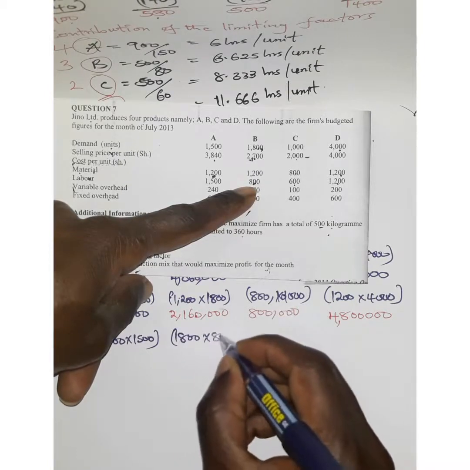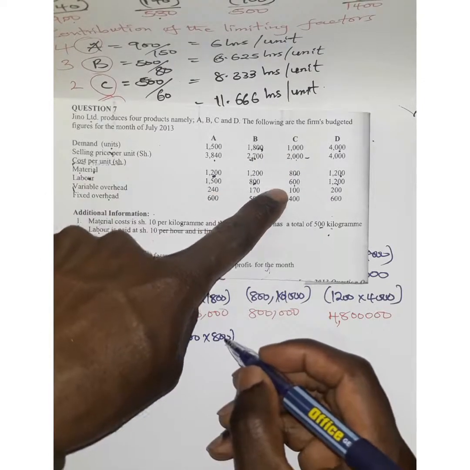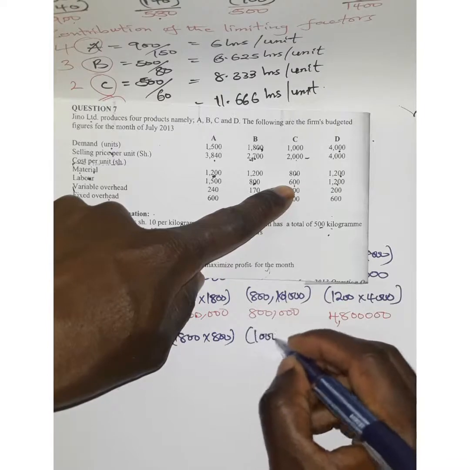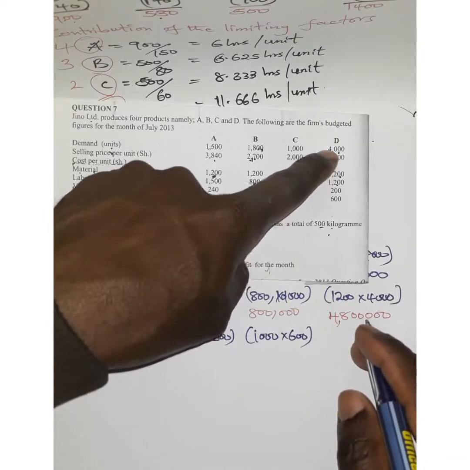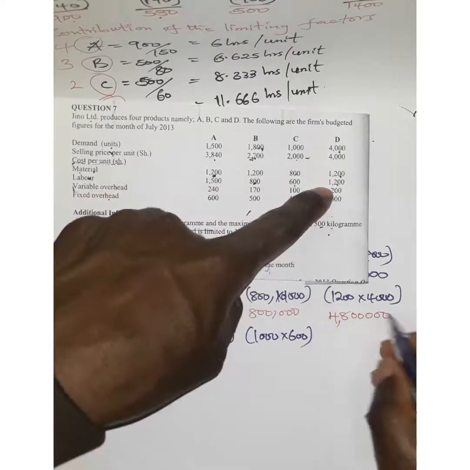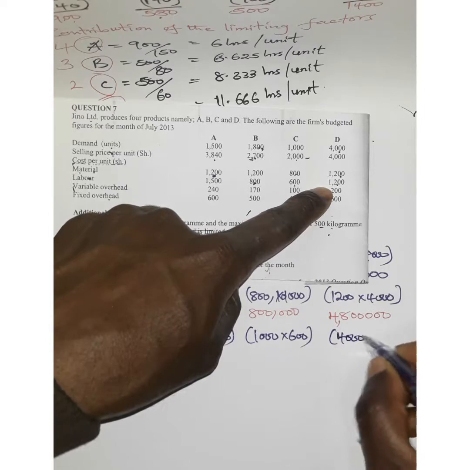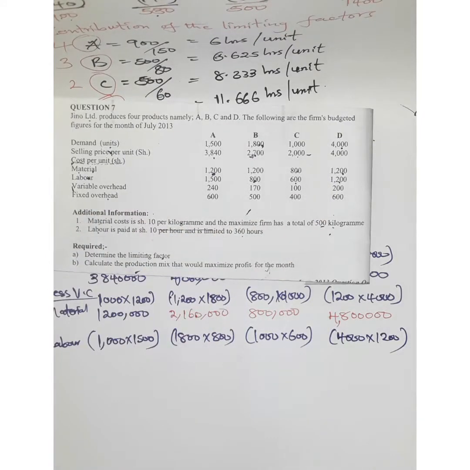C is 1,000 times 600. The last one is 4,000 times 1,200.